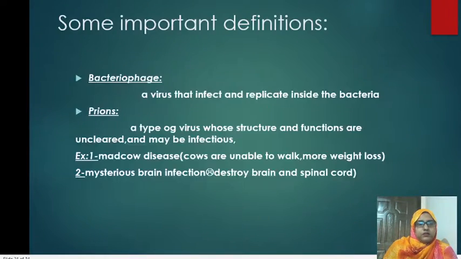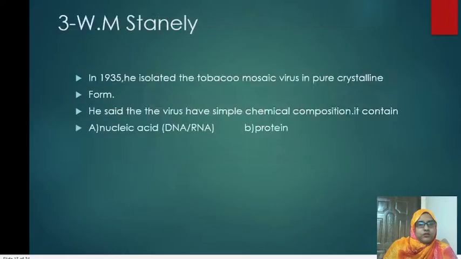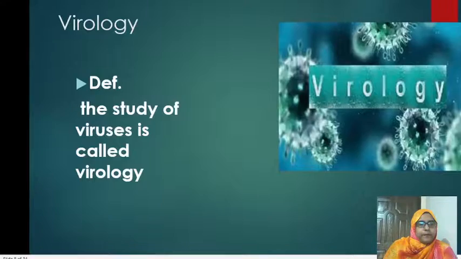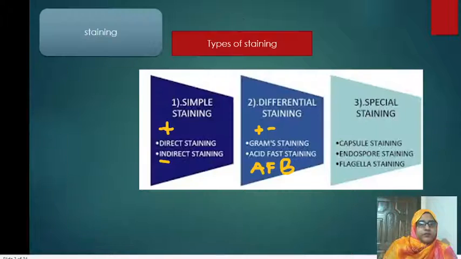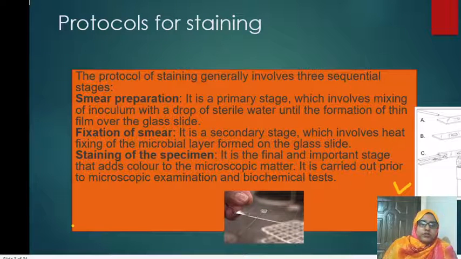We'll have a slight discussion on it. First of all, we have studied staining, that is basically types of staining: simple staining, differential staining, and special staining. These three types we discussed, and we discussed gram staining in detail, in which there are three basic methods.